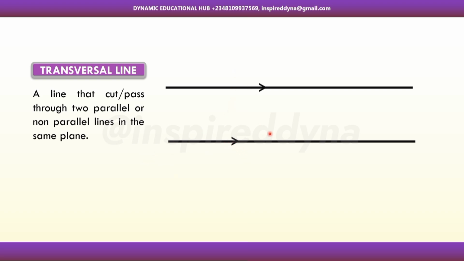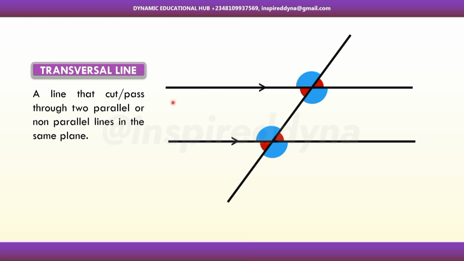These two lines are parallel to each other. When you now have an external line that cuts across them, the name of that line is known as a transversal line, a line that cuts across two parallel lines or across multiple lines. When it cuts across them, it's going to form angles.